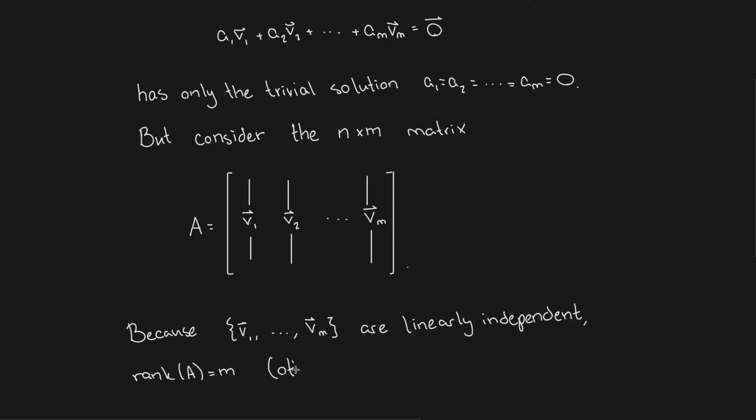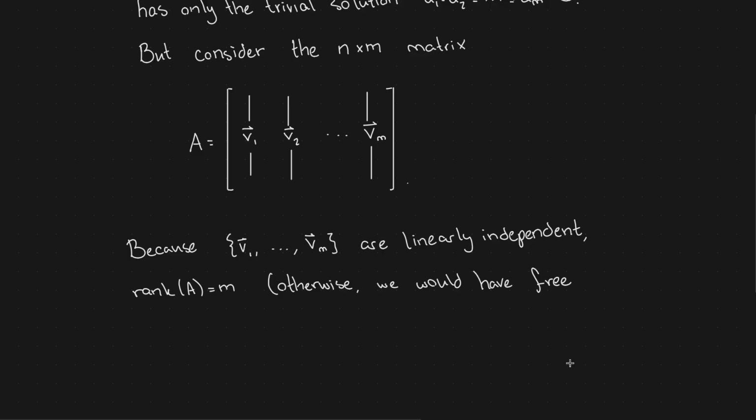Otherwise, we would have free variables, and the homogeneous system would have an infinite number of solutions.